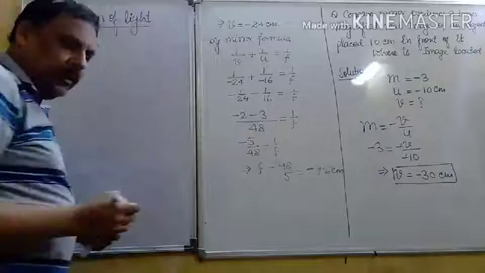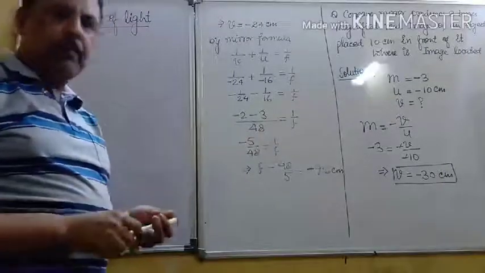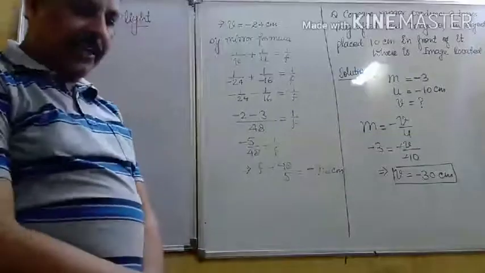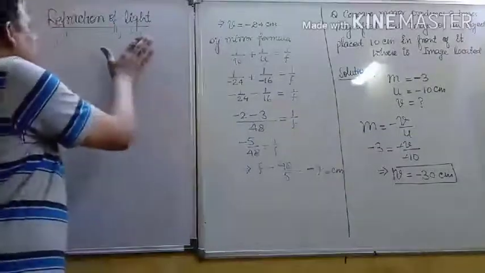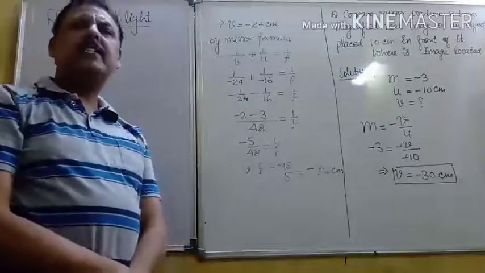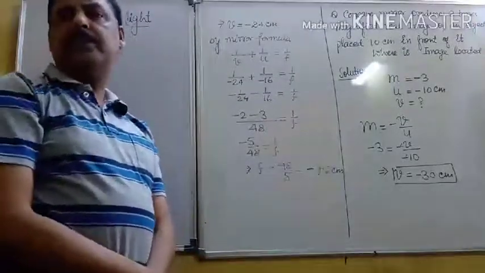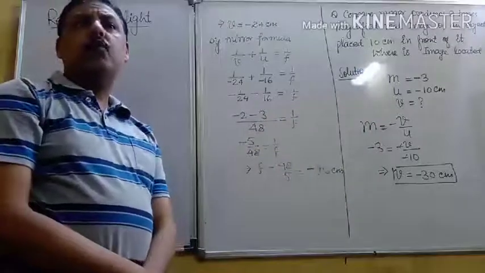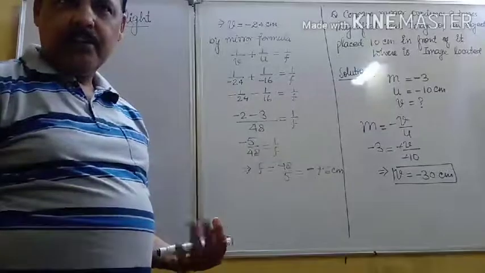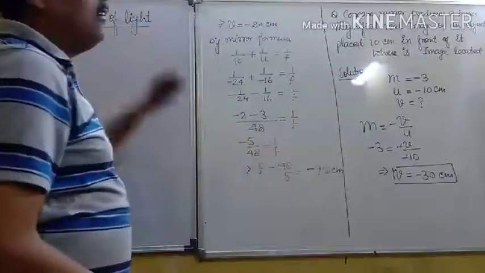Now this is another formula. Refraction is different from the reflection case, and we will come across this phenomenon in various places. For example, why stars twinkle. We can explain this by refraction.